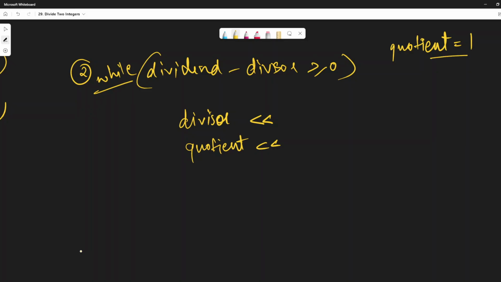When we left shift it, it will simply act as the count itself, and like this only we'll do these steps and we'll add this quotient to our answer.